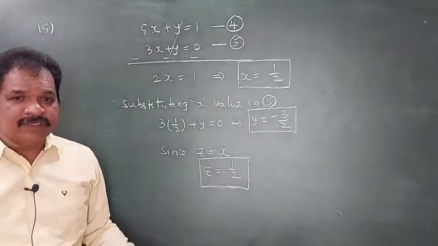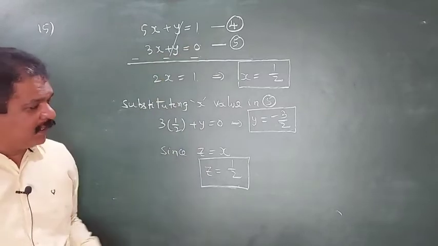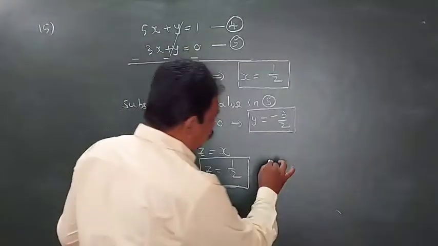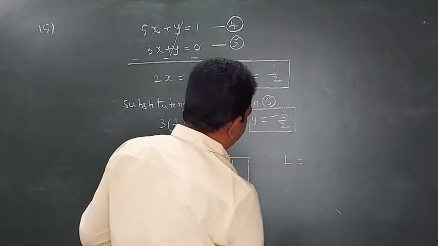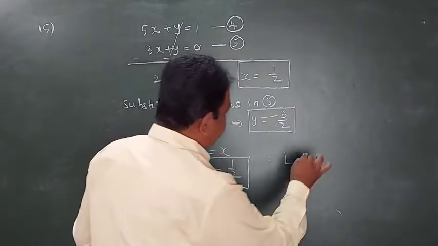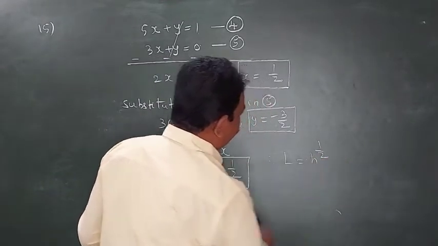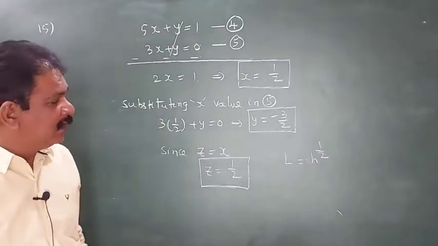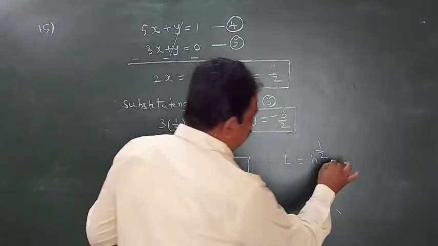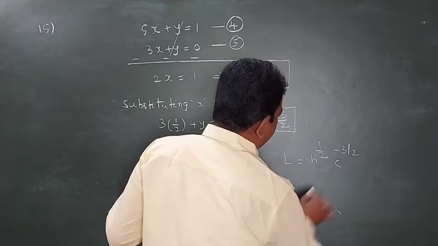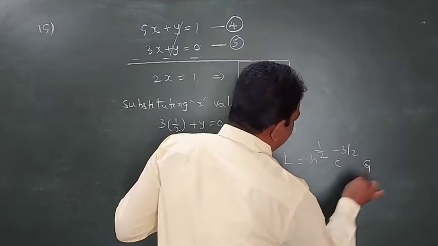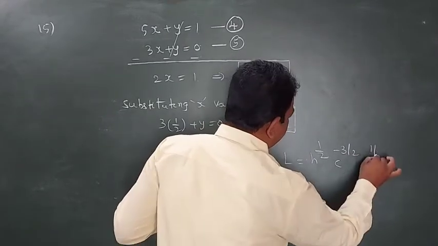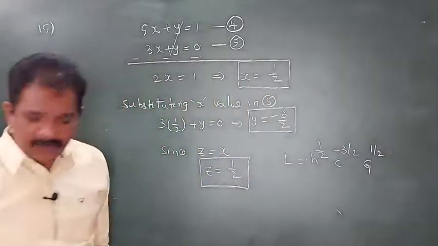Substitute all of these in the given first equation. Therefore, L is equal to h power x we assumed, h power 1 by 2, c power y we assumed, c power minus 3 by 2, next, G power z we assumed, G power 1 by 2.